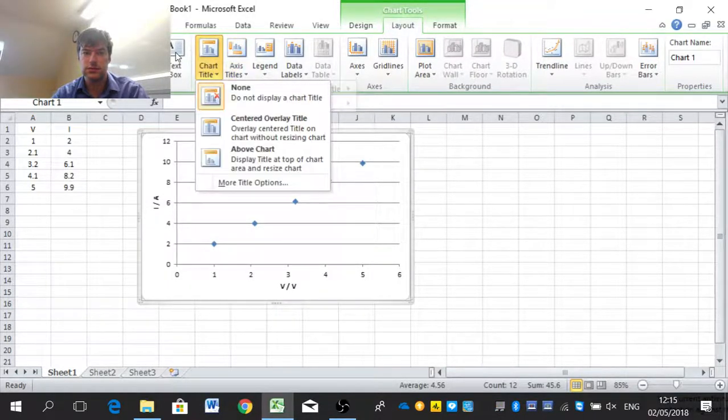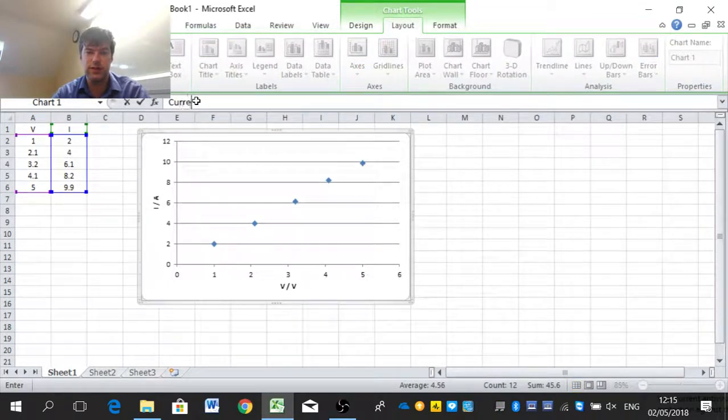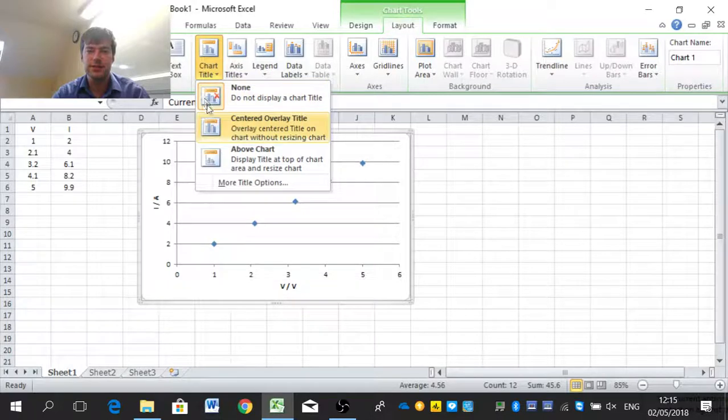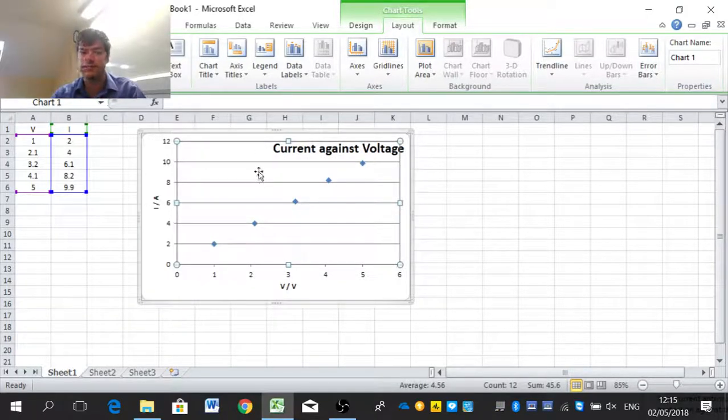Current, or even just current. Chart title. Okay, current against voltage.